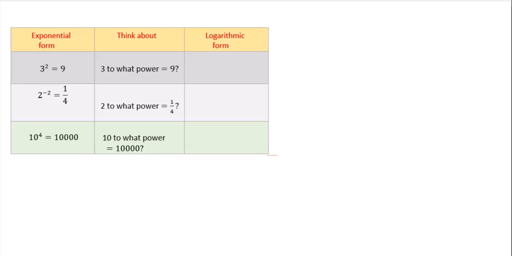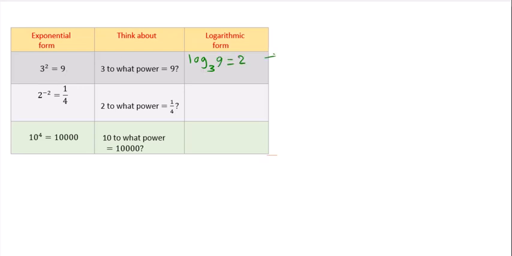So how can I do it? Here, guys, we have the base is 3. So here 3 to what power equals 9. How to write this using logarithm notation? Here, guys, log to base 3 of 9 equals 2.